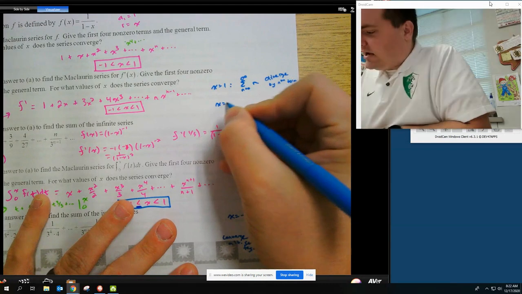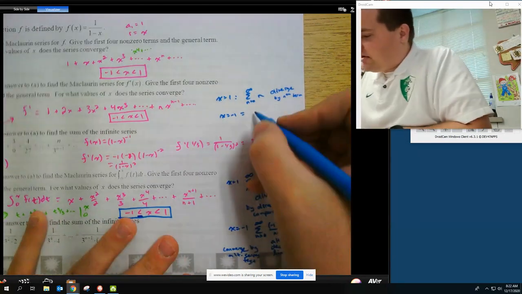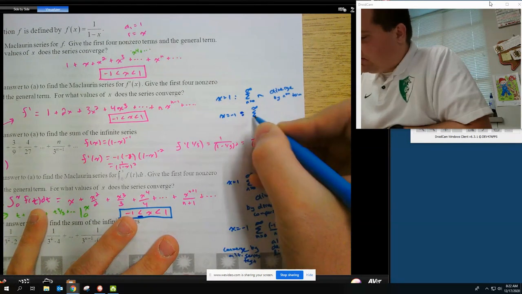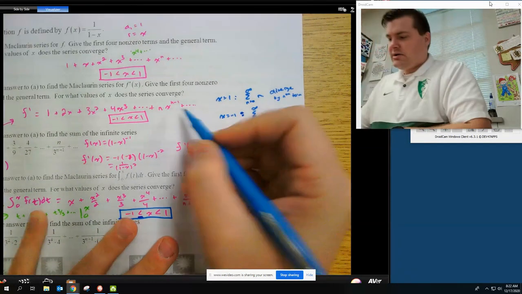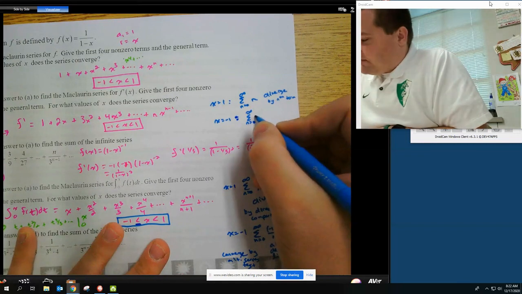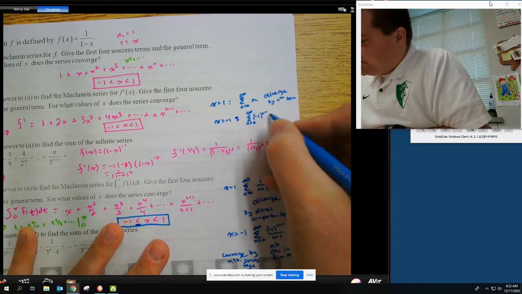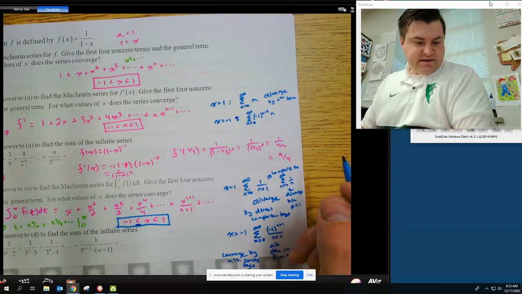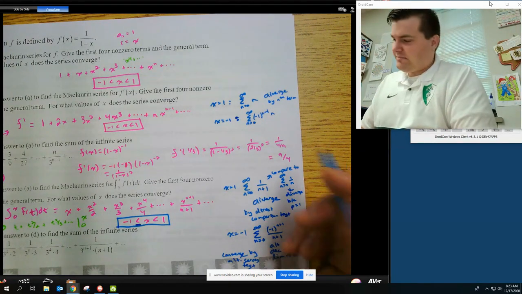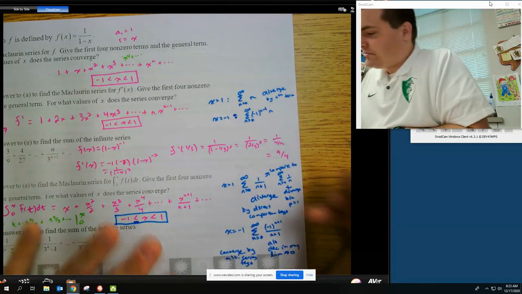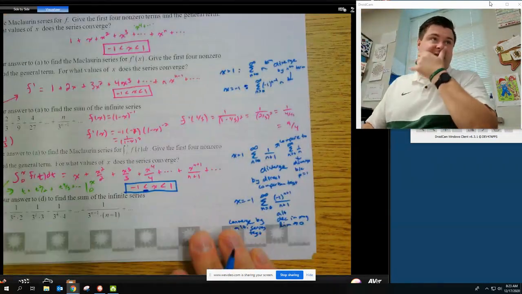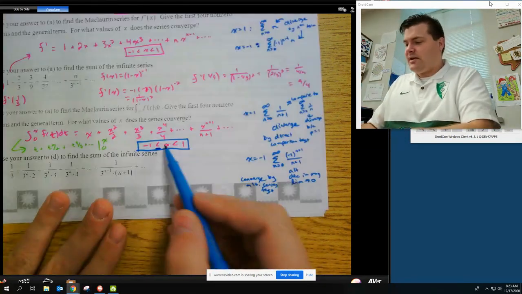And when x is equal to -1, right up here, I'm going to get alternating because we get -1 to the n minus 1 times n. And this is going to diverge, again, by the nth term test. So it's going to diverge by the nth term test for both of these. So that's why that one, the radius of convergence, endpoints don't check out. This one, endpoints do check out.